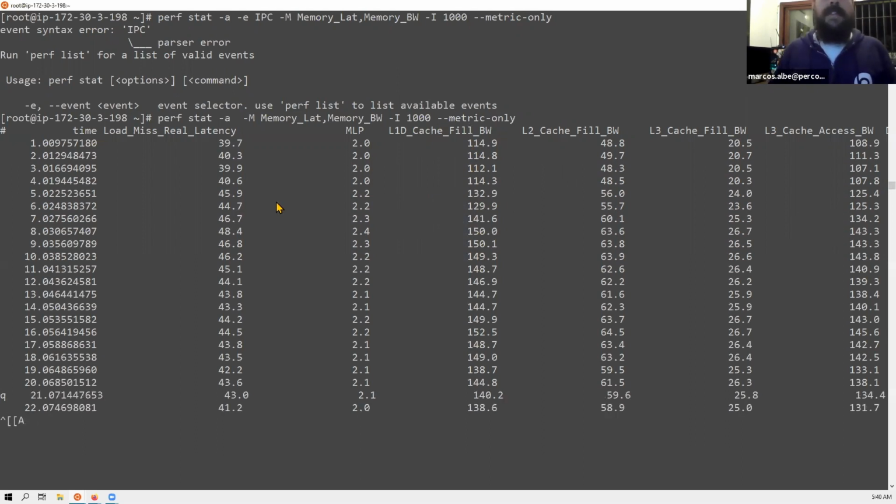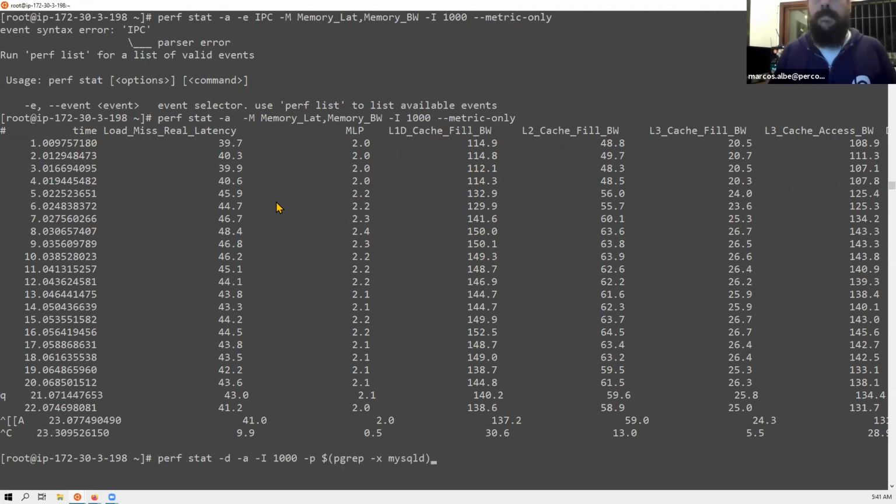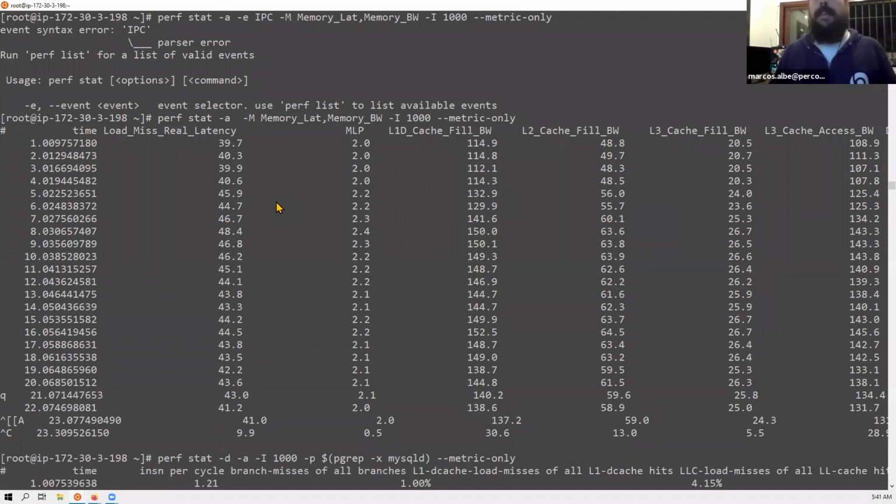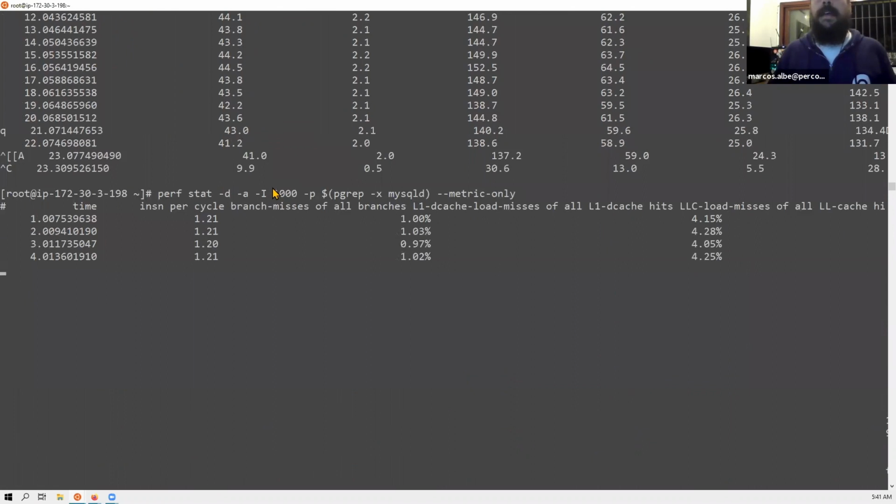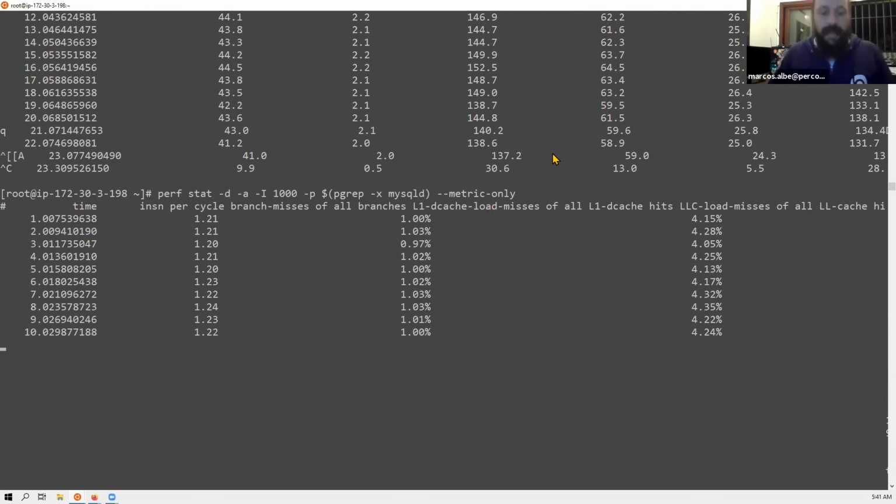And we are gonna see that there are more, a lower IPC as this. So the IPC is gonna tend to go down as we become more memory bound.